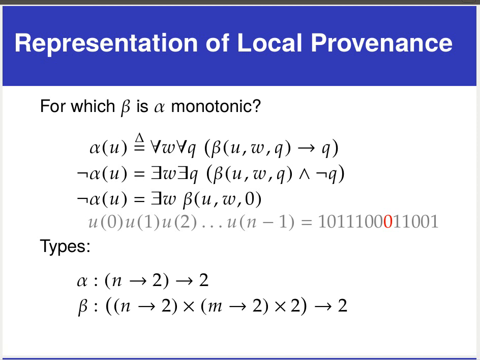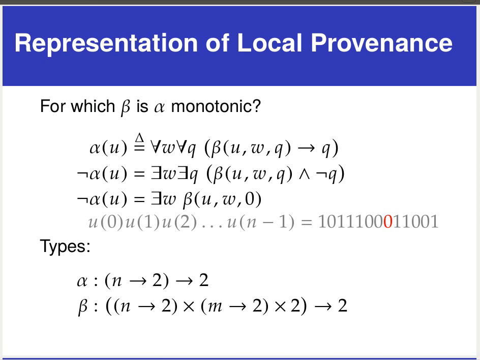So this suggests a natural sufficient condition for beta that will ensure that not alpha is anti-monotonic. We might just insist that in this w part we can always keep the same thing. So we just insist that beta satisfies this condition: if we take a bit in the u part and reset it, we get another model.